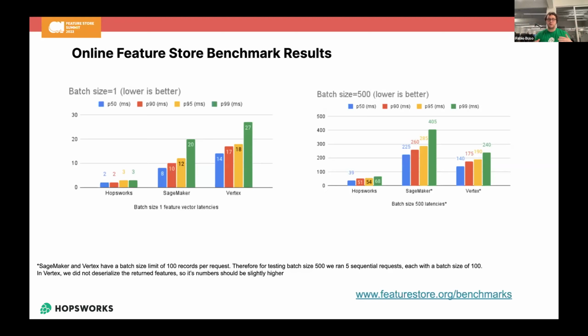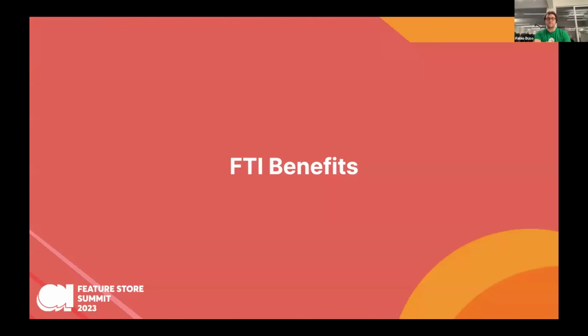You can see the difference between Hopsworks and a couple of different vendors. You can find the code of the benchmarks if you want to reproduce them, or if you want to add your own system, you can find the code at the URL itself. And there are some other benchmarks that we have done.